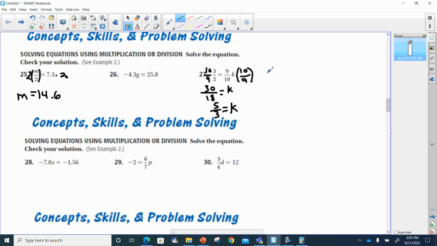And for those that missed that, watch very carefully. 30 over 18. Let's do it like I wanted to. First, let's divide it by 2. If we do that, we see that we get 15 over 9. Now both of these are divisible by 3.